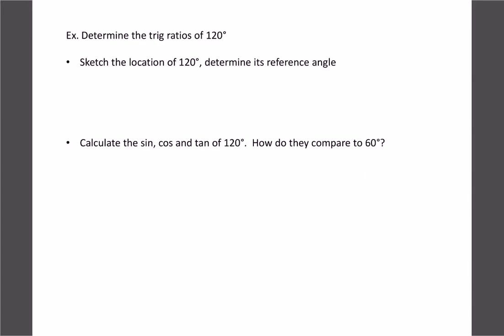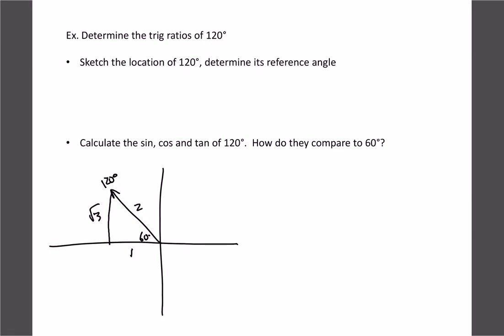So what we're going to look at next is the same thing, but at 120 degrees. If we draw 120 degrees, that would have 60 degrees as a reference angle. And if our reference angle is the same, that means we actually have the exact same triangle, except now we're going backwards, so it would be -1, but we'd still have root 3 up and 2 over.